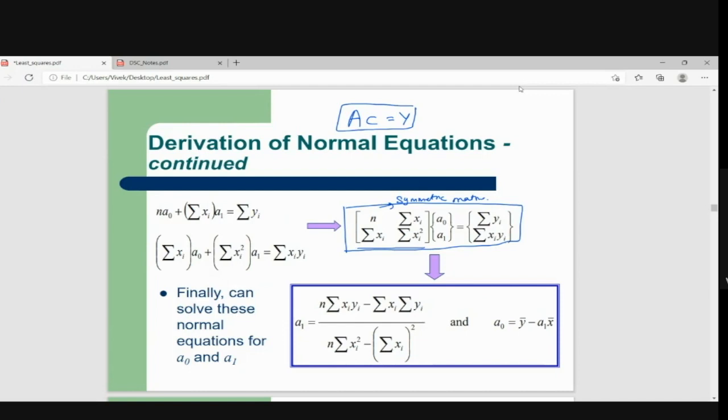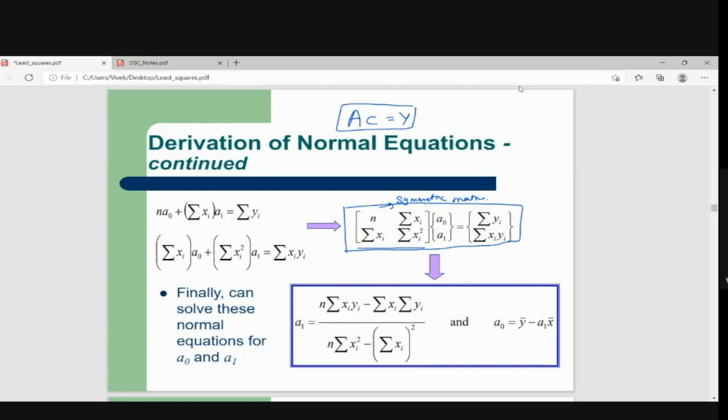Now the question is that I should be able to find the unique solution if this matrix A is non-singular. Then I can take the inverse and I will get the solution. How can we say that this matrix is always non-singular? One thing is true: from here I can see that this matrix is a symmetric matrix. But now the question is how we can say that this matrix is always non-singular. That I will tell you later on.